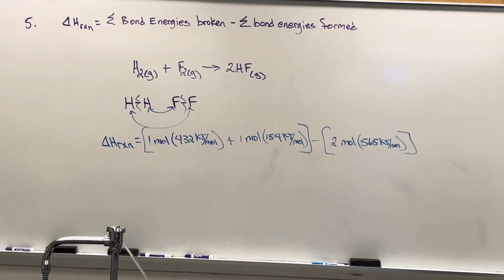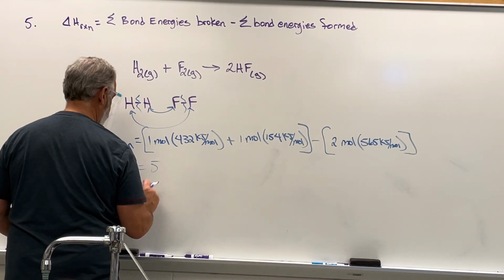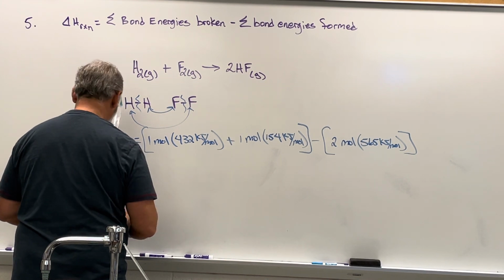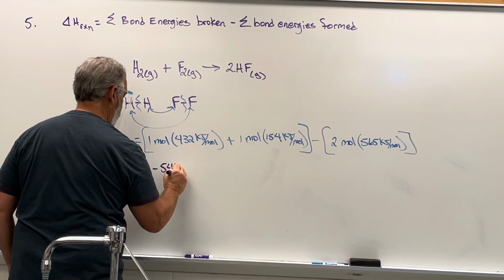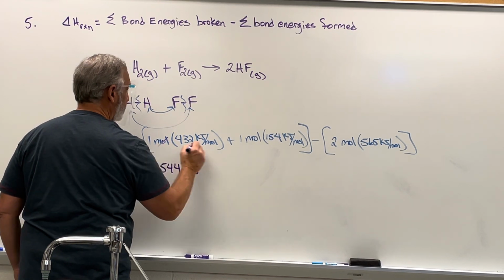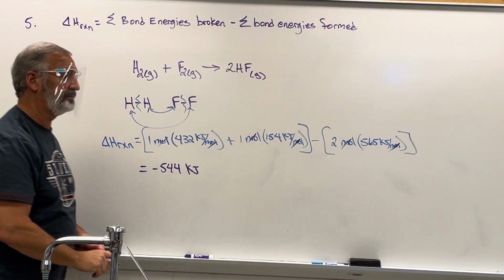What do we get? Negative 544 kilojoules. Negative 5 what? 544. And the moles all cancel, so it's just kilojoules.